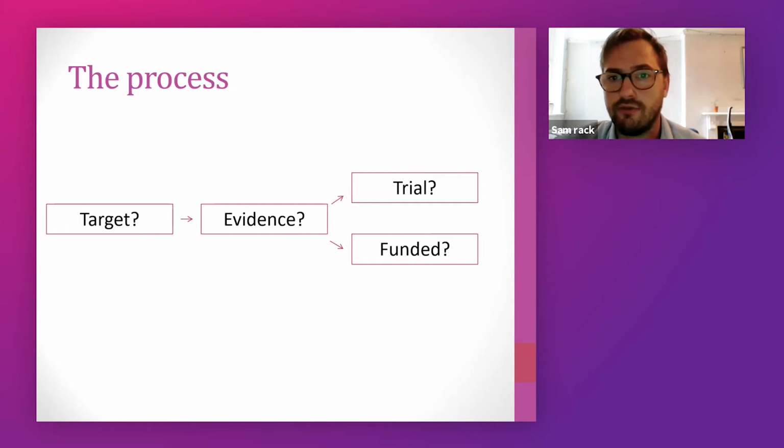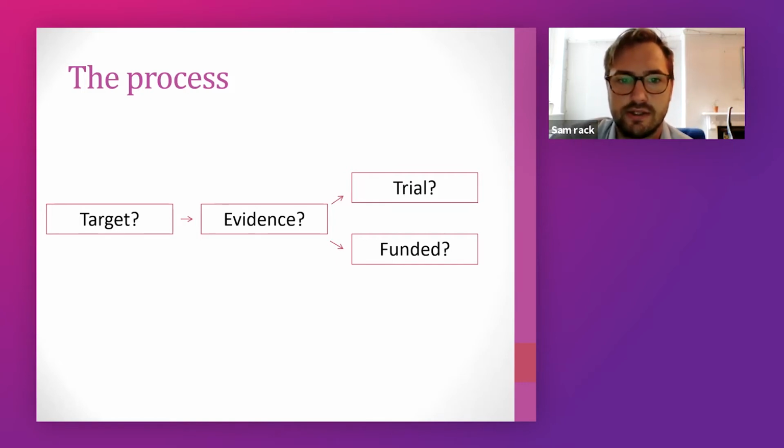Does it work in other cancer types which also have those changes? If there is such a drug, is there a trial for it? Can we get you recruited into a trial so that you get the support you need during the treatment? Or is this a drug which has been around for a while, where we can get funding and use it on a compassionate use basis? So that's the process and the steps that we take.